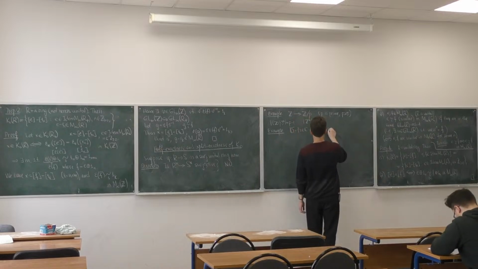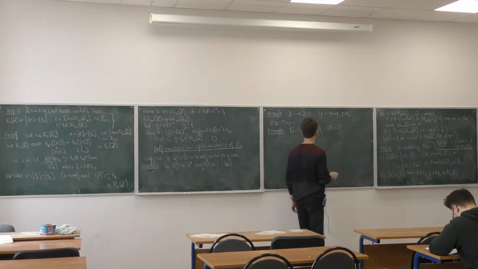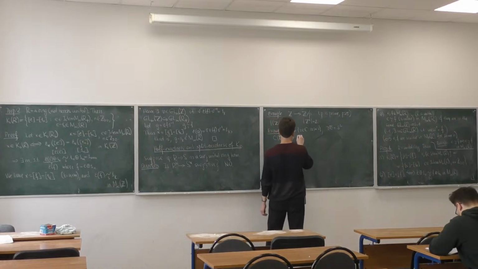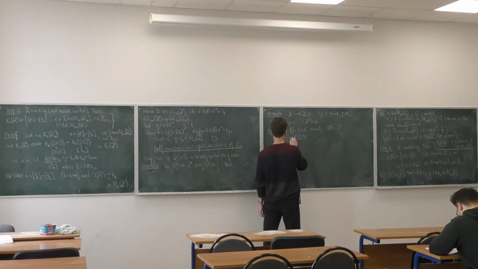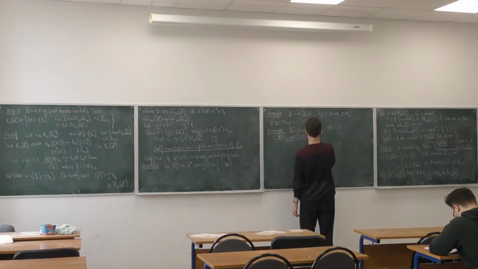So its boundary is the circle. So we can consider the restriction map from the algebra of continuous functions on the disk to the algebra of continuous functions on the circle, the restriction map. And of course it is surjective by the Tietze-Urysohn extension theorem.